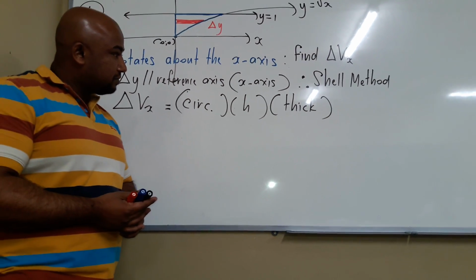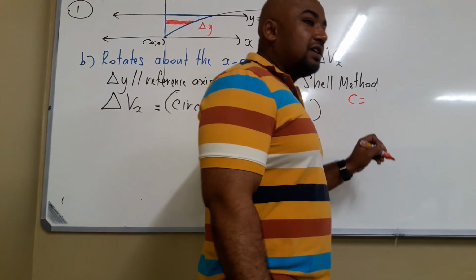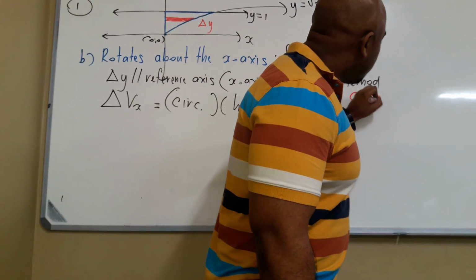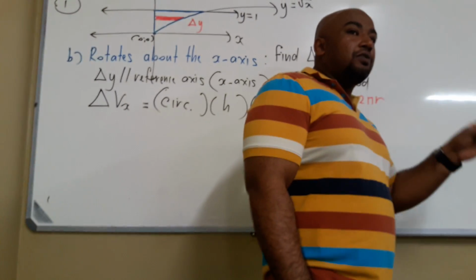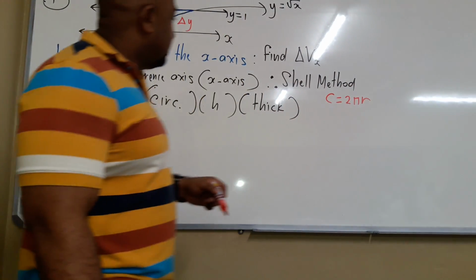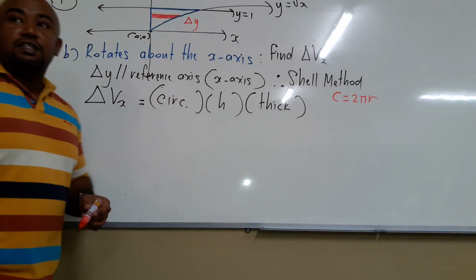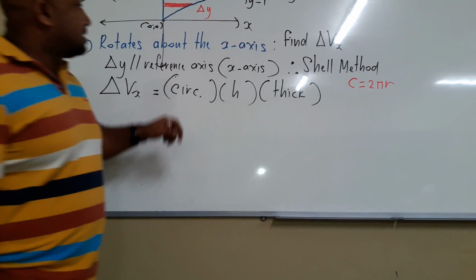So now we know that the circumference is equal to 2 pi r. We need to make sure we don't make a mistake with the radius. So now which axis are we rotating about? We are rotating about the x-axis.